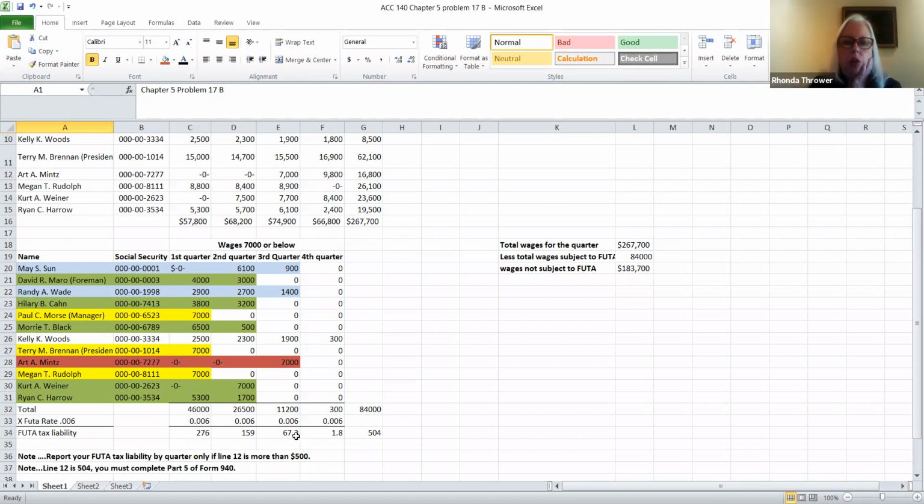So we had 2 tax deposits, one for the combination of all of this, which was $502.20. And since that went above the $500 limit, it had to be deposited at the end of the third quarter. And we also had to deposit the $1.80 at the end of the fourth quarter when we filed our return.